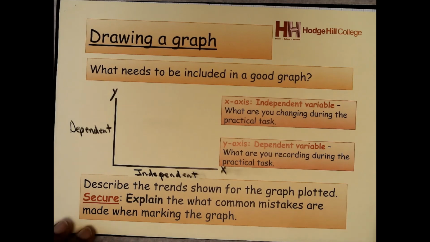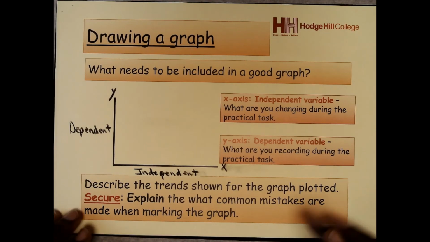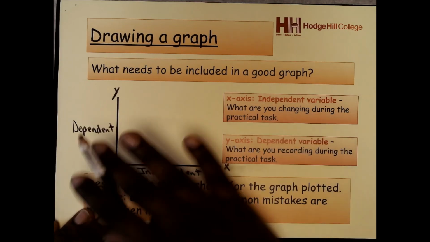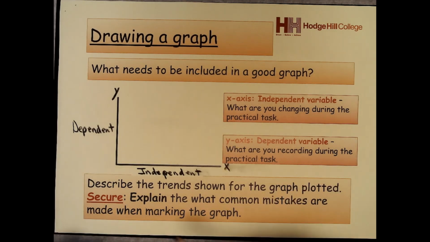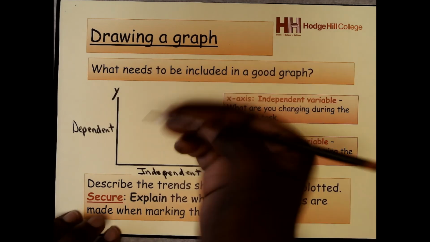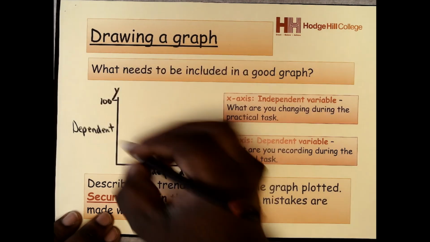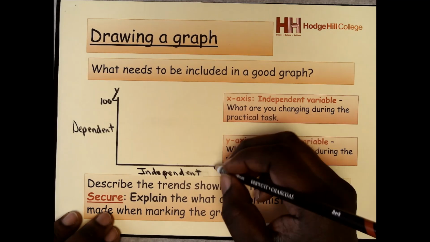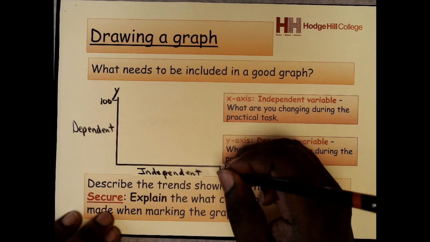The key thing is that you always want to make sure that you have a good scale. You need a big enough graph space that will span your results. So for instance, if your highest y value is 90, you would want to go up to say 100. Your graph might end here, but you need a space. If the highest value of your independent variable is 10, you go up to 11.